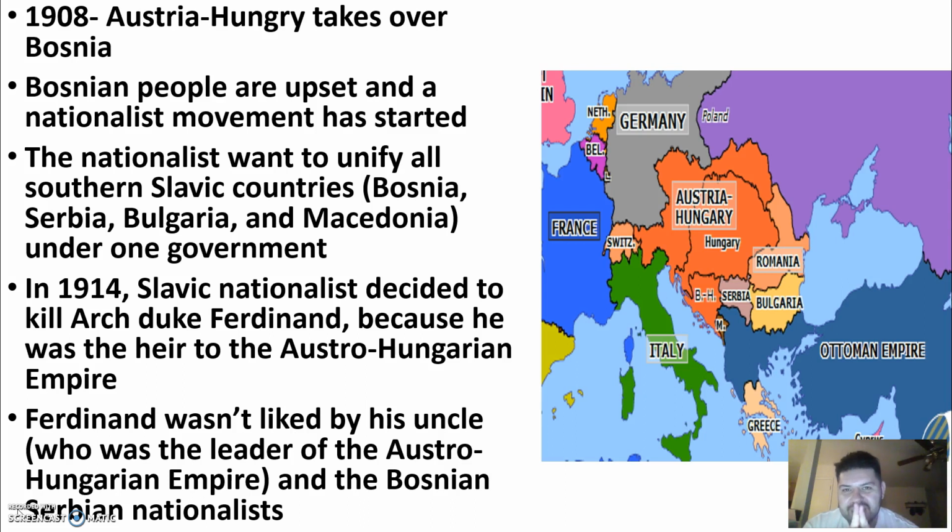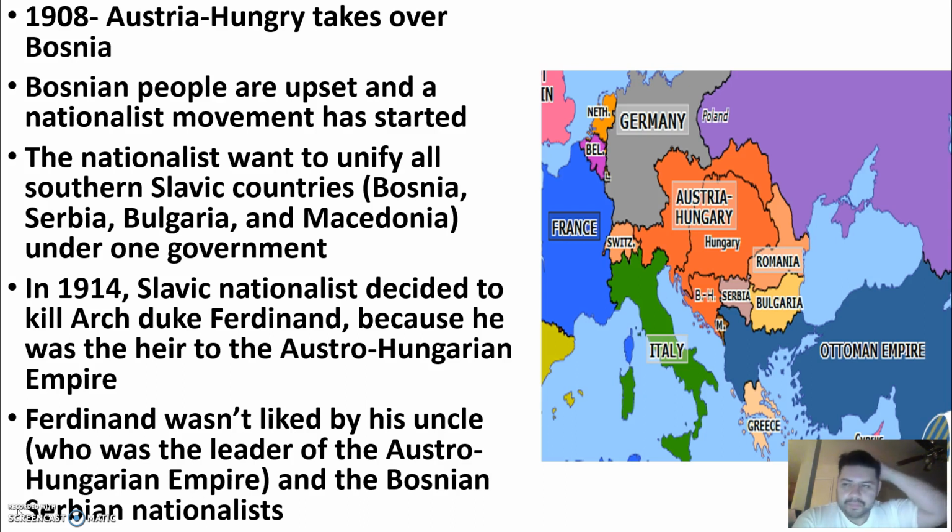One event was the catalyst for World War One, and that's an assassination. So I'm going to talk about the bad blood that boiled to the point where a person is assassinated.